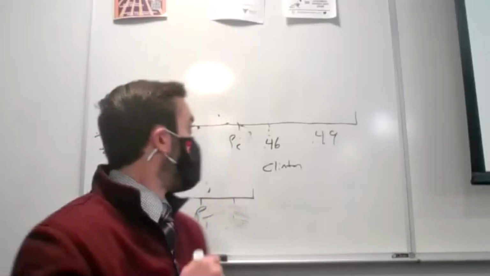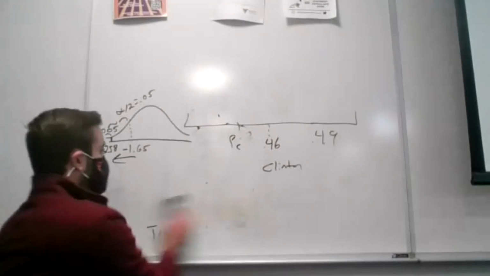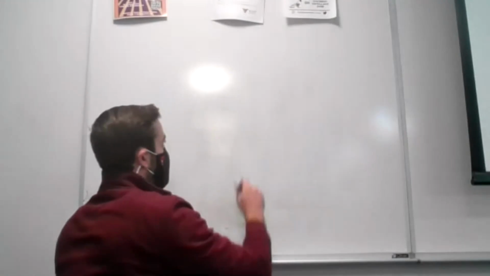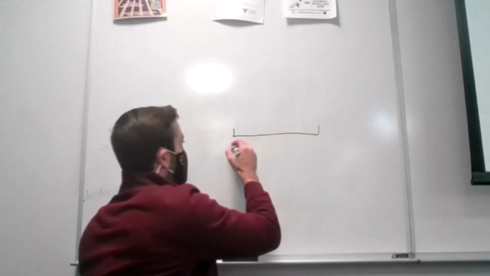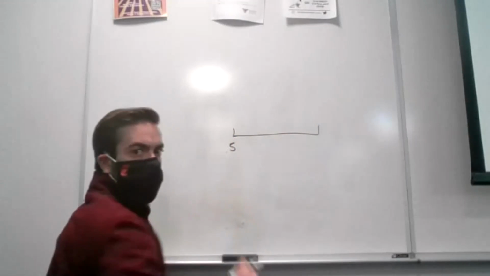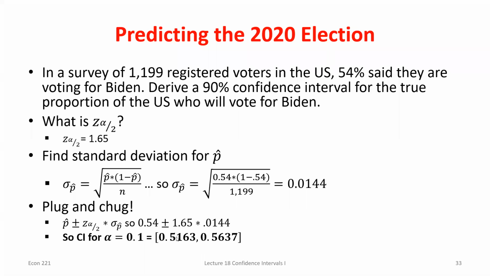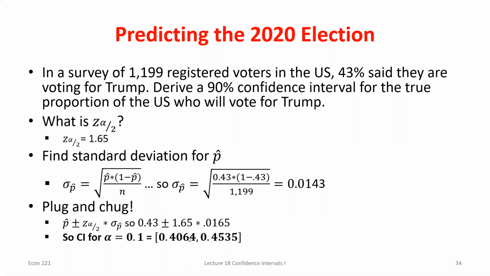It's the same sort of idea as what we did in the previous example. I'm already forgetting what these were. But 0.51 to 0.56, and then 0.4 to 0.45.